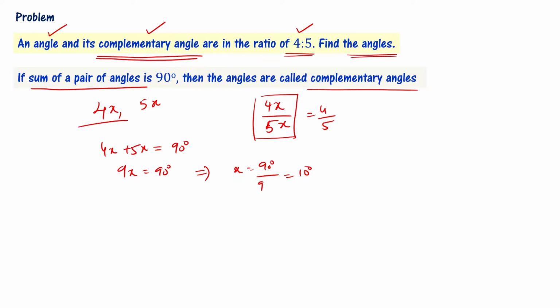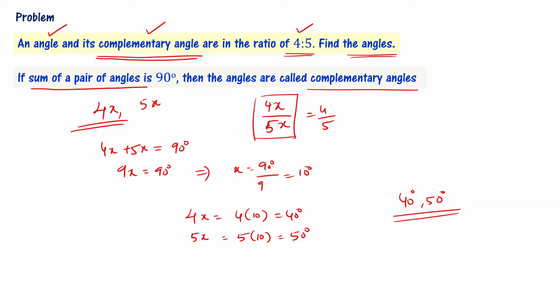Now the first angle we said 4x. 4x is going to be 4 into 10, that is equal to 40 degrees. The second angle is 5x, that is going to be 5 into 10, that is equal to 50 degrees. You see 40 degrees and 50 degrees. These are complementary angles because 40 degrees plus 50 degrees is equal to 90 degrees, right?